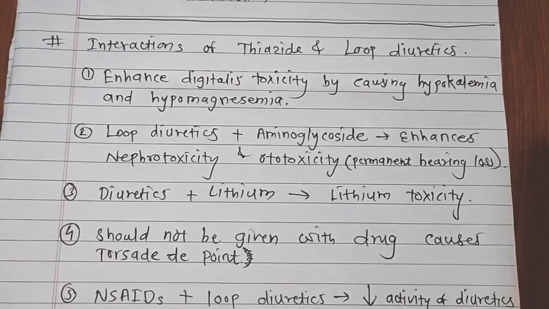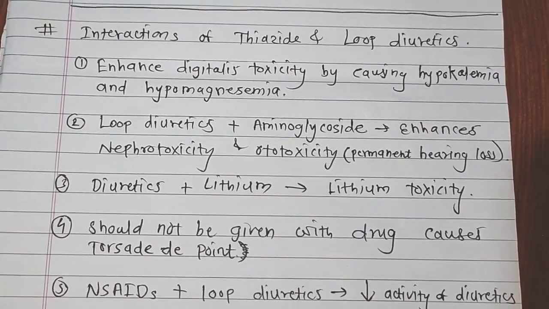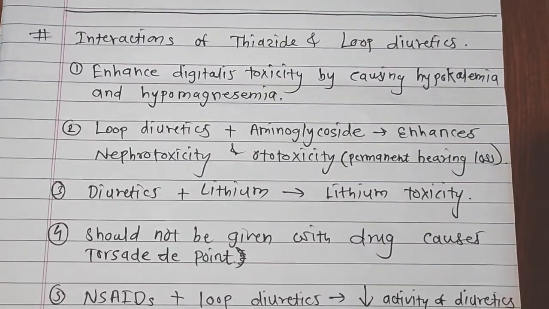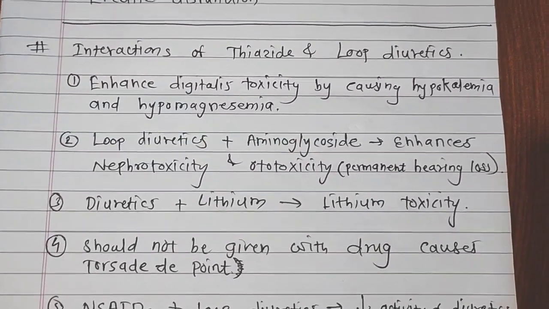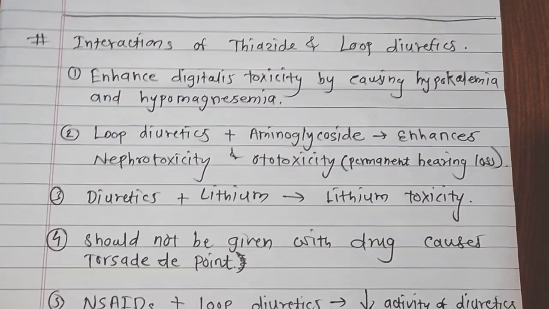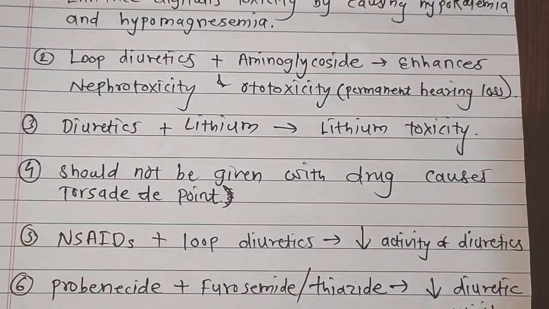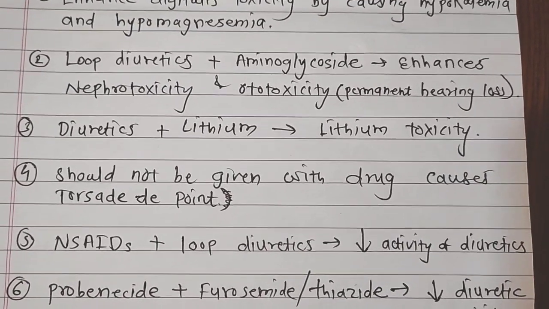Moving on to the interactions of thiazide and loop diuretics. Whenever these thiazide and loop diuretics are given with other drugs, what kind of effect do they show? They show enhanced digitalis toxicity by causing hypokalemia and hypomagnesemia. Then loop diuretics plus aminoglycosides enhance nephrotoxicity and ototoxicity.